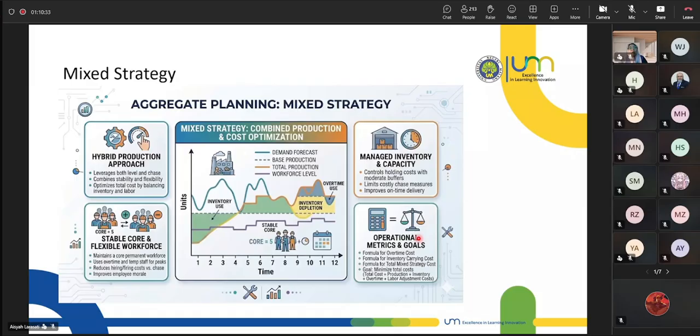So the company receives the material, the local parts and also imported parts from its suppliers. And these parts are processed through casting, machining and assembly.